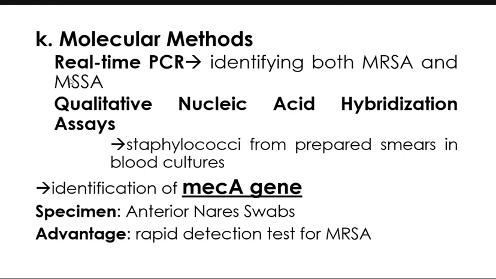It is the identification of the mecA gene, which is what we look for pag nag-entertain tayo ng methicillin-resistant Staphylococcus aureus. Specimen would be anterior nares swab. And of course, as always, ang advantage ng mga molecular methods would be rapid detection test for MRSA.